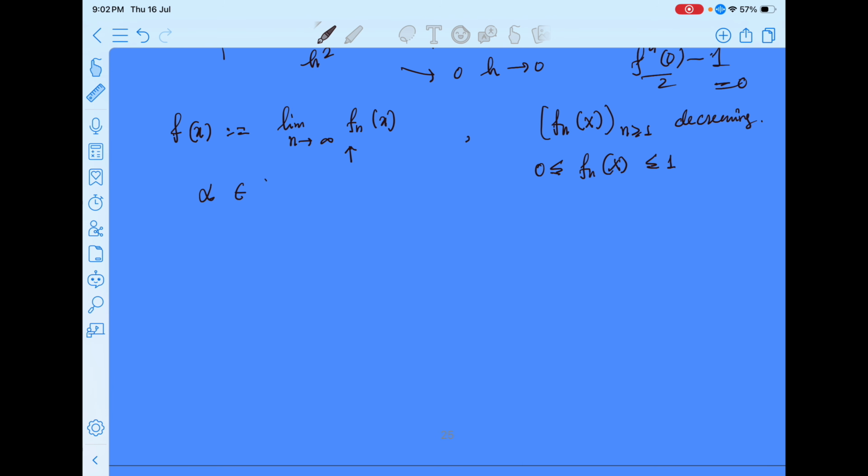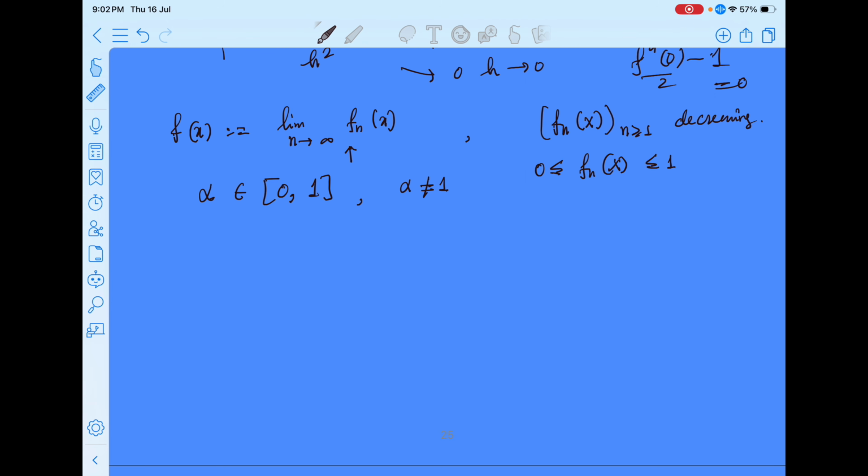Let alpha belong to [0, 1). You can neglect 1 because there is no point of checking right continuity at 1.